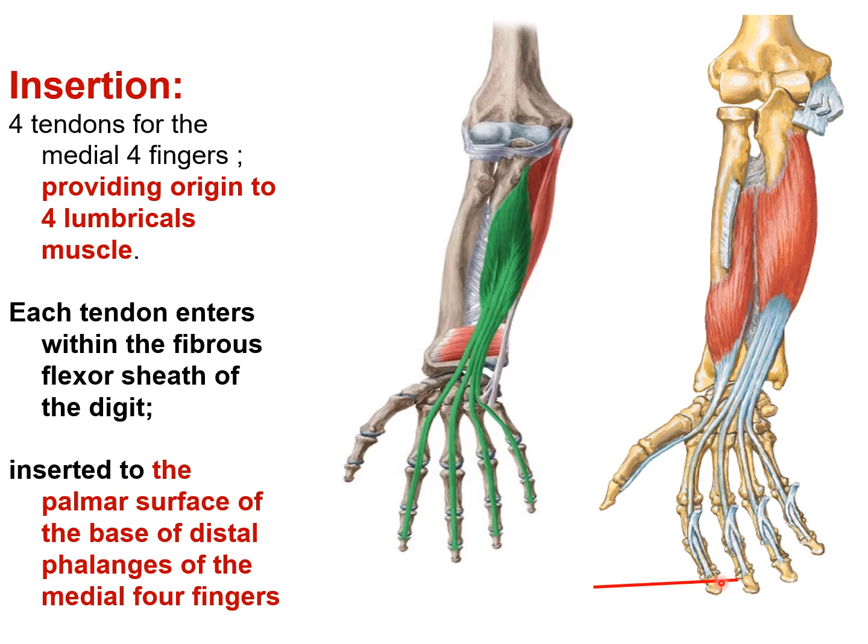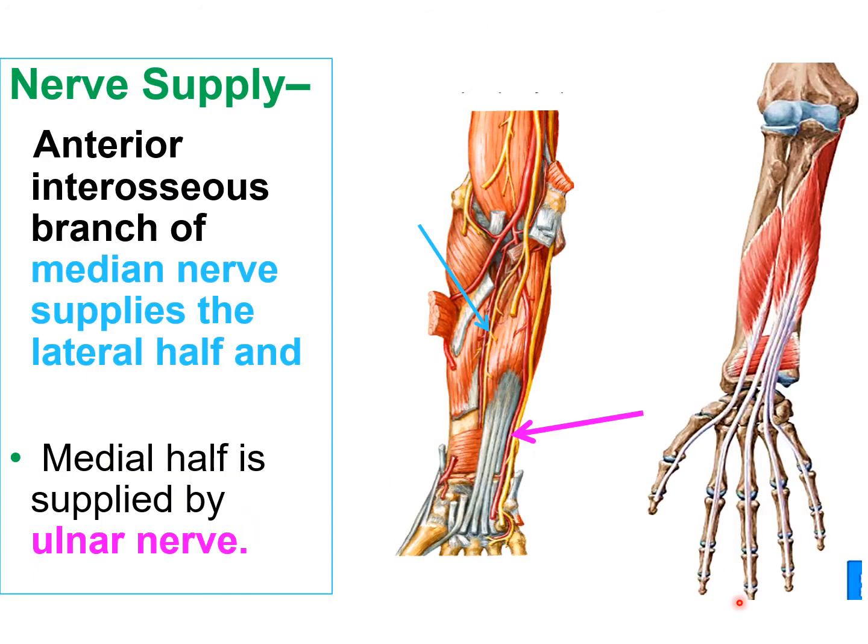As previously discussed, the flexor digitorum superficialis is inserted onto the side of the middle phalanx, whereas the flexor digitorum profundus tendon is inserted onto the base of the distal phalanx. The nerve supply of this muscle is through the anterior interosseous branch of the median nerve, which supplies the lateral part, and the medial half of this muscle is supplied by the ulnar nerve.